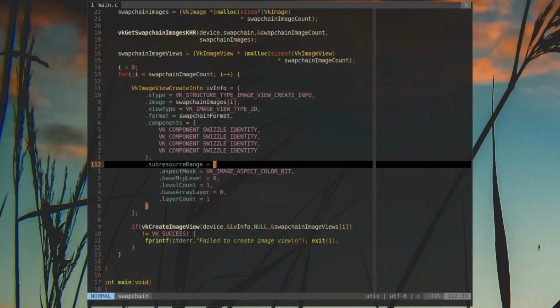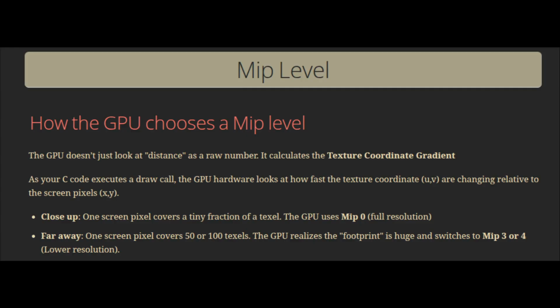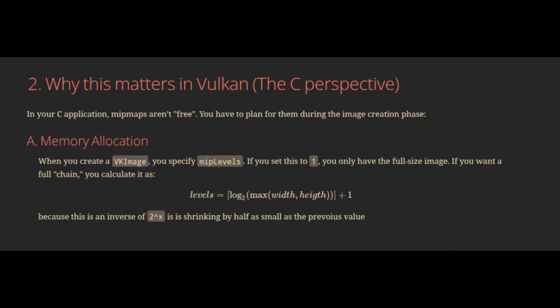So I am going to go into MIP levels a little bit. Don't worry about this too much because it has to do with textures, and we're not going to be adding textures at the moment, but I just want to go through it real quick. So in a nutshell, the MIP level is basically how big of a resolution that texture is going to take up, and it's dependent on how far away you are from that texture. Why this matters in Vulkan: in your C application, MIP map levels aren't free.